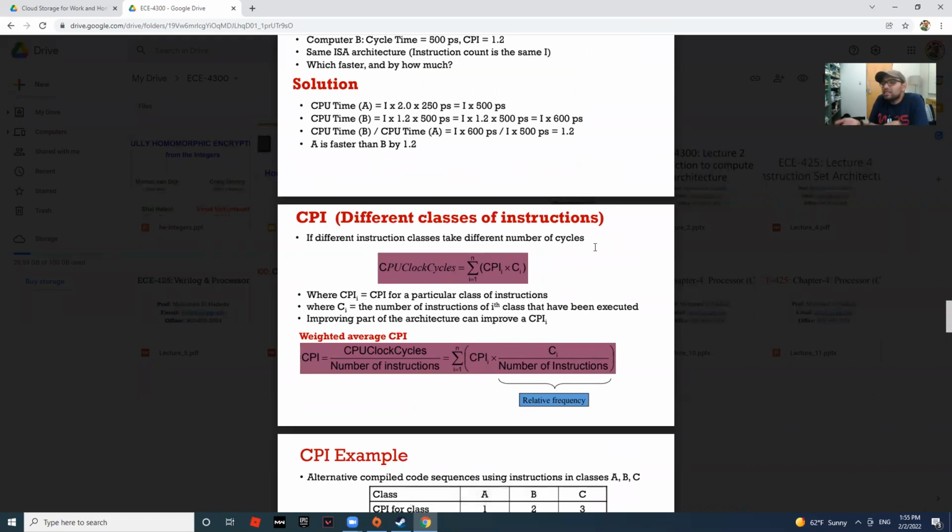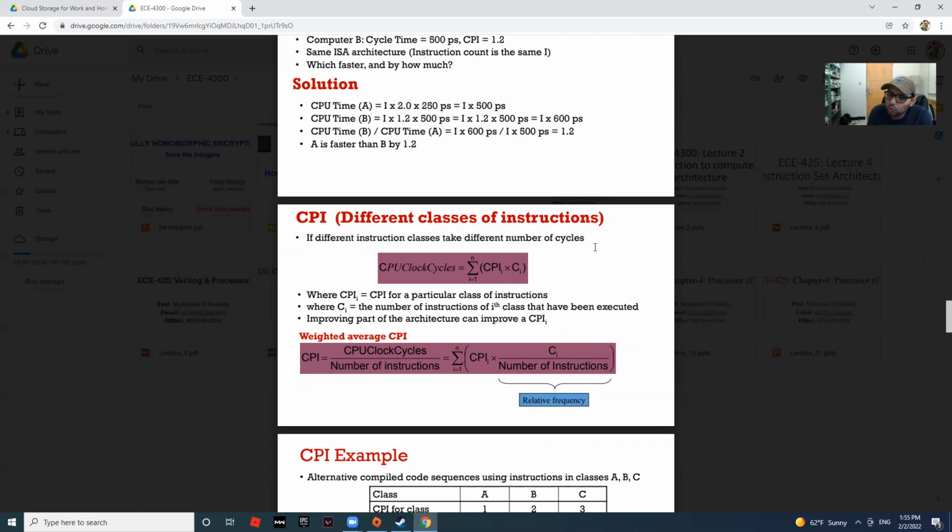Now, the equation for averaging CPI. If I would like to average the CPI, how am I going to do it? CPI covers different classes of instructions. I told you there is a set of instructions running in 4 cycles, some set running in 5 cycles, and so on. So the equation is really easy: it's a summation over the groups of instructions I have, from i equals 1 to n, where the weight is the number of cycles for this group times the instruction count of the class, the number of instructions of i in this class.